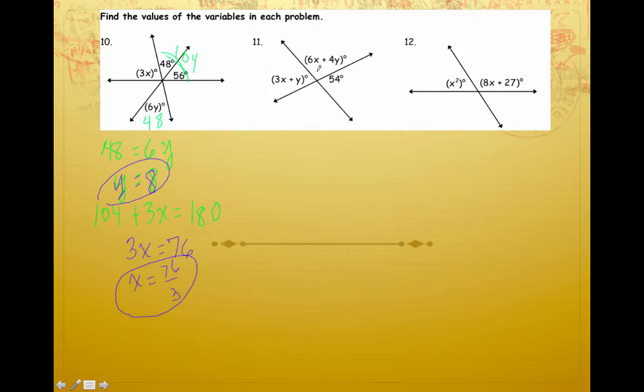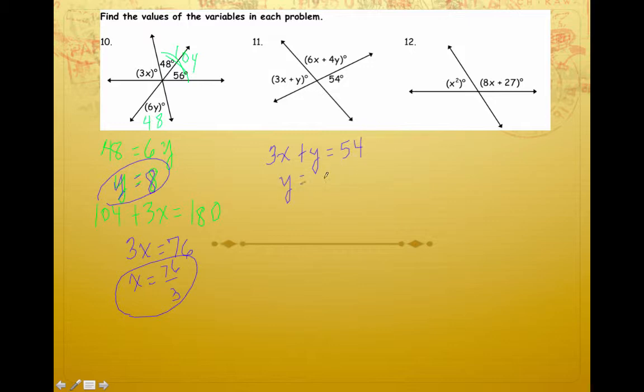On this one, we have that these two are a linear pair, these two are a vertical pair. There are multiple variables in both ones, both angles, so it's a little bit more confusing. But 3x plus y equals 54.